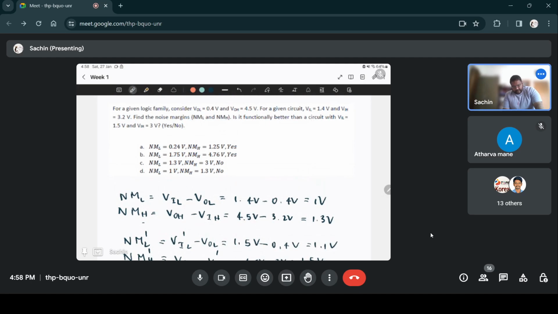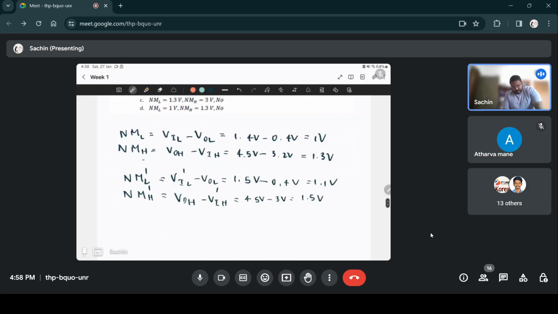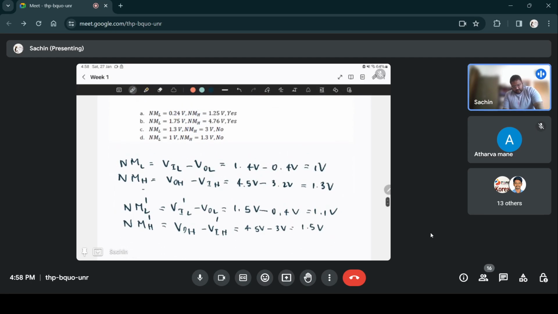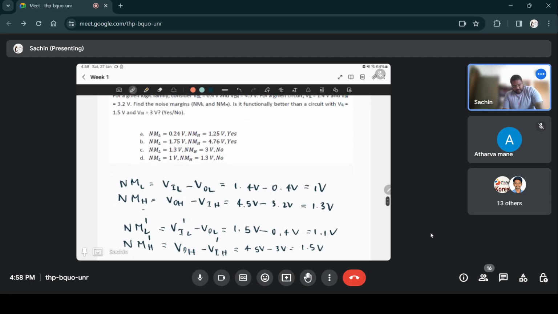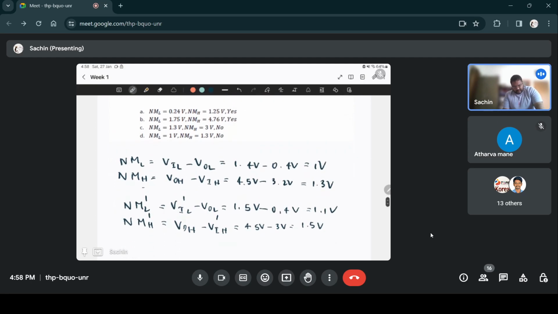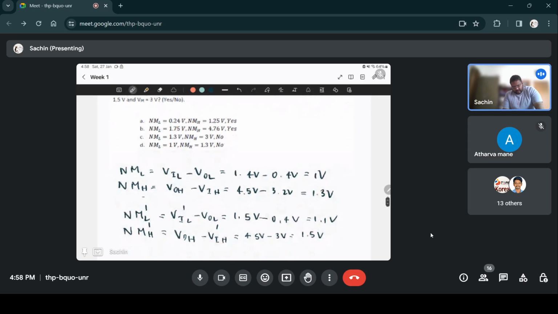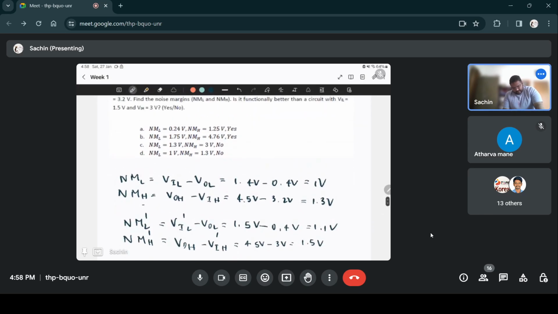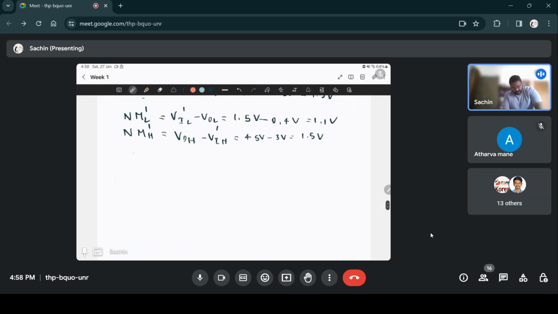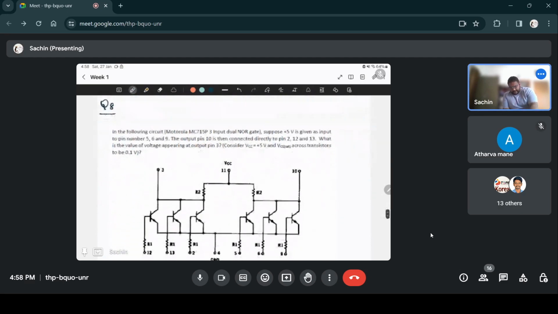No, it's not better than the new one. So the higher the noise margin, the more noise we can tolerate in the circuit. So we should aim to get noise margin high. Of course, there will be other constraints that we'll have to trade off with. So this is option D.